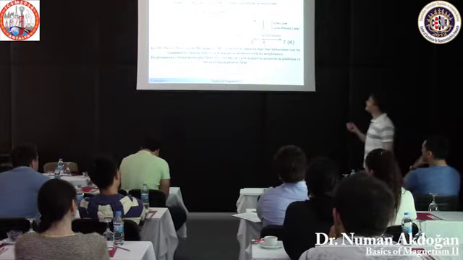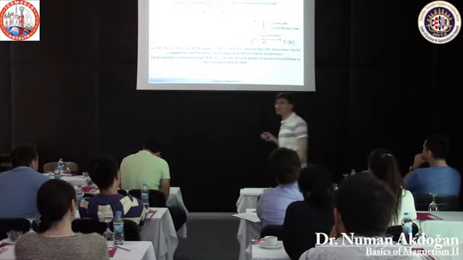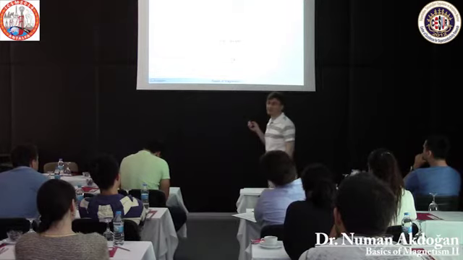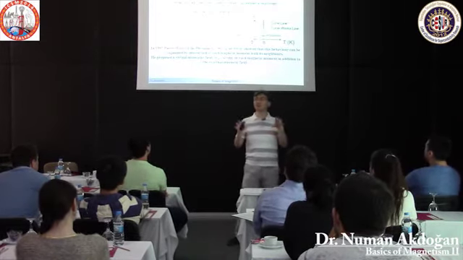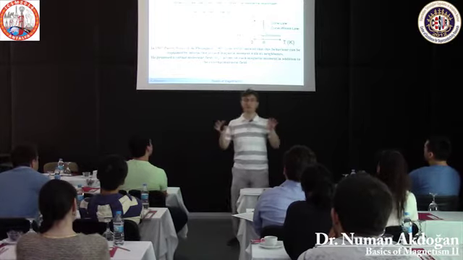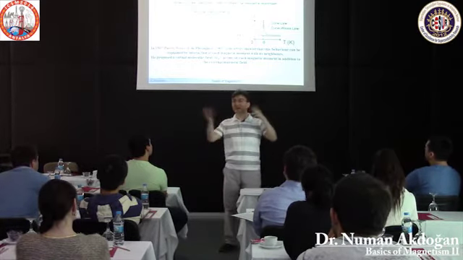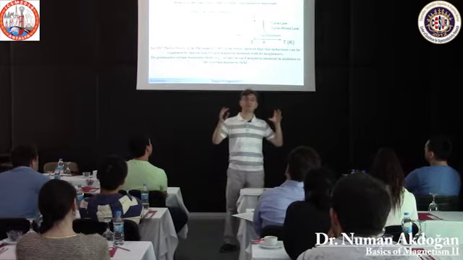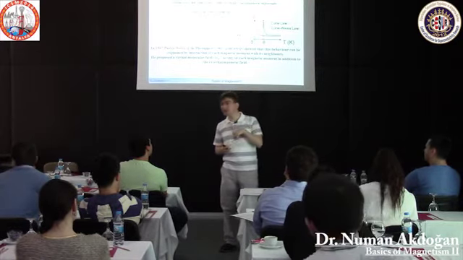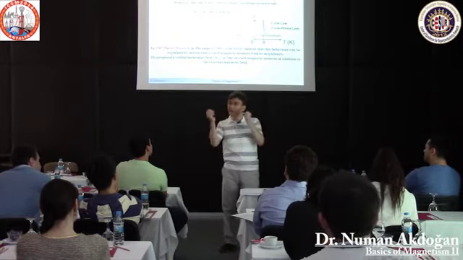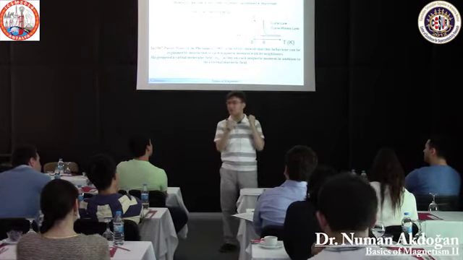Okay, and let's come to Curie-Weiss paramagnetism. The other one was Curie paramagnetism. So what is the difference in between? In Curie paramagnetism, we have many magnetic moments and there is no interaction in between. But in Curie-Weiss paramagnetism, these magnetic moments also interact with each other, okay?